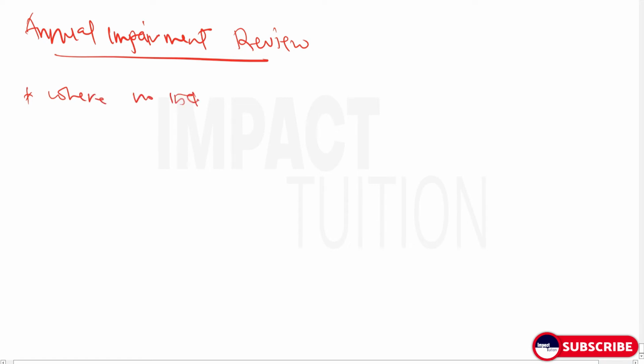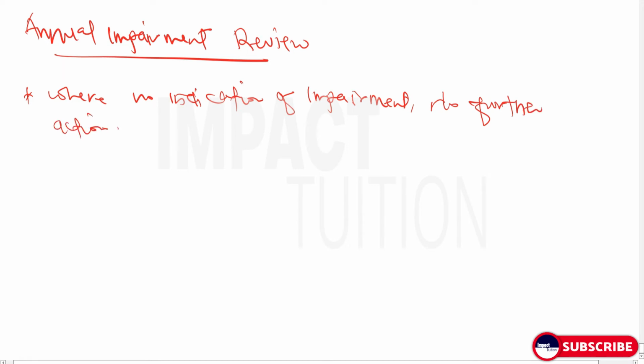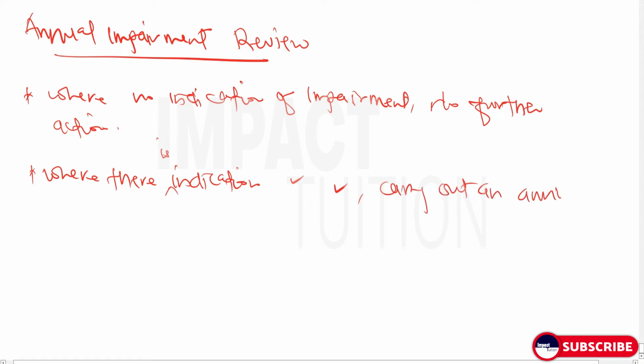But where there is indication of impairment, carry out an annual impairment review.